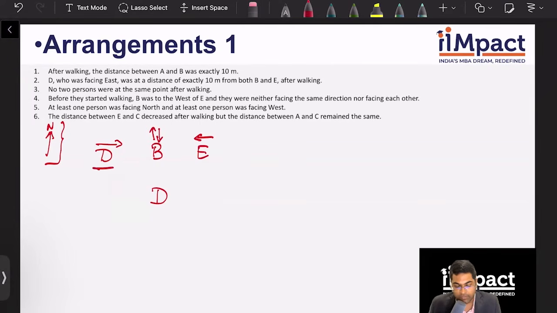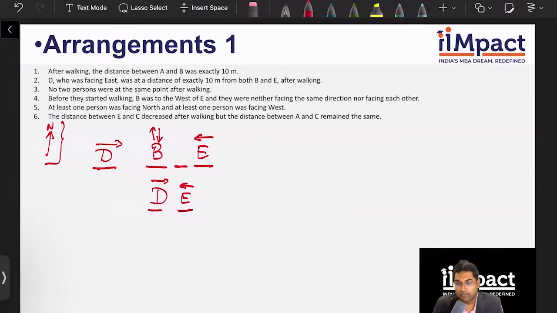Because if they were in three consecutive places, then B and D and E would have met at the same point, which is not allowed. Therefore, I can say that there is one person between B and E, and that E is occupying that person's position in order to be 10 meters away from D after moving. Everybody agrees?